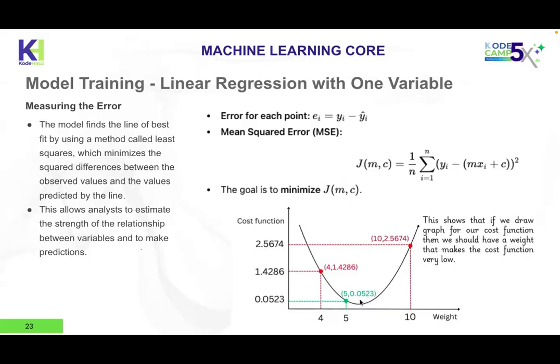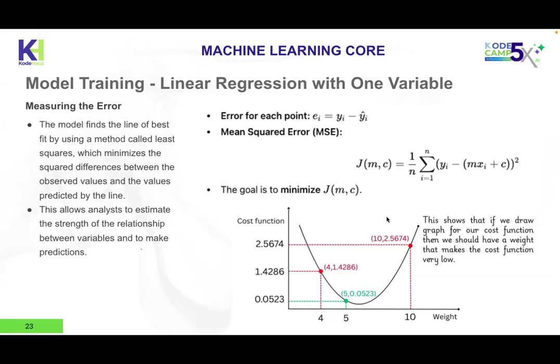At a certain point, it hits a minimum value. But if you continue adjusting it, the error begins to increase back. So what that means is that there is a point of minimum error. That is the goal. Your goal is you want to get to that point of minimum error.